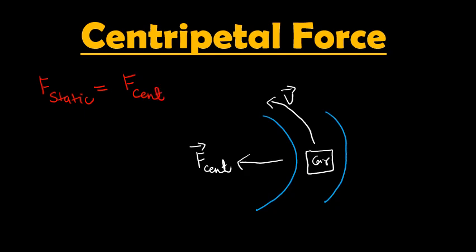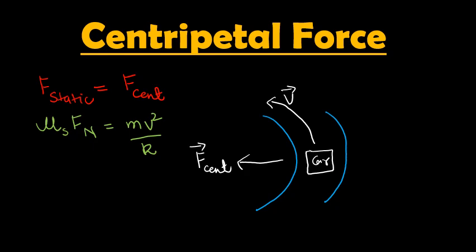Now, the formula for static force is mu s times the normal force, whereas the formula of centripetal force is mass times velocity squared divided by r, the radius of the circular path.